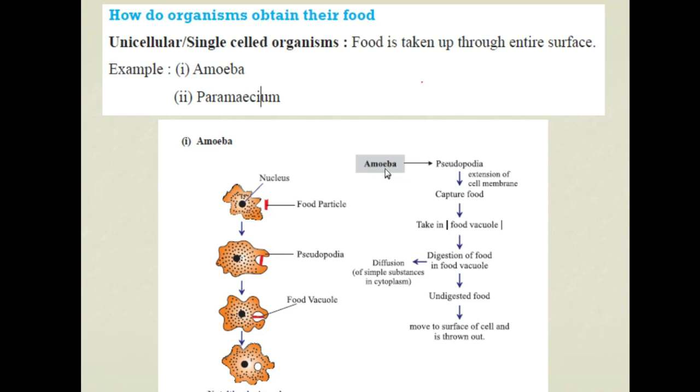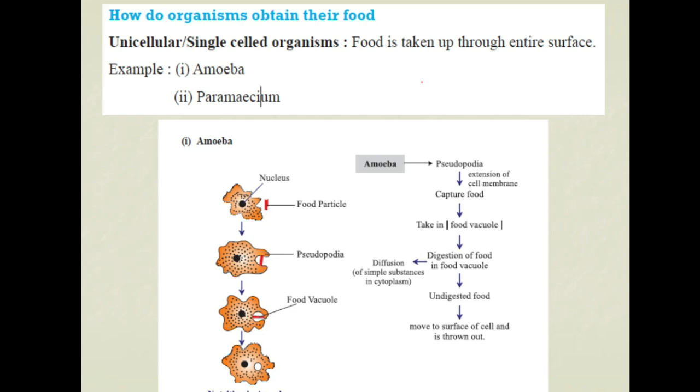So here you can see a simple flow chart which describes this process. First, the amoeba uses its pseudopodia to capture the food, and once the food is captured, it is converted into food vacuoles. And once the food vacuole is formed, digestion of food in the food vacuole happens by enzyme activity.